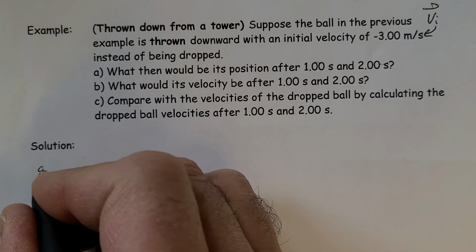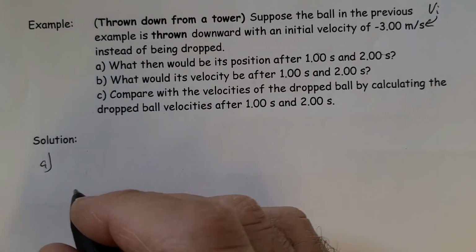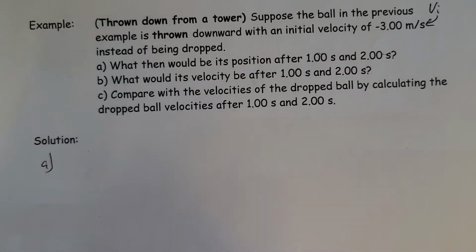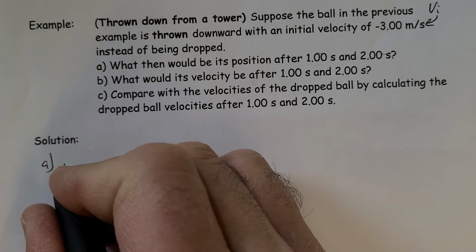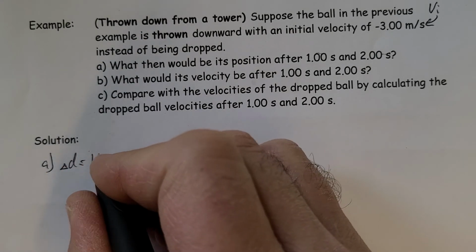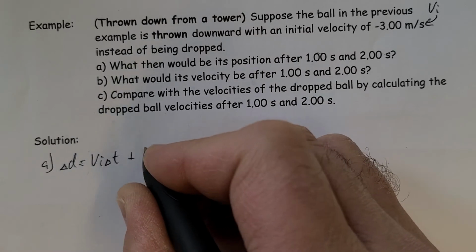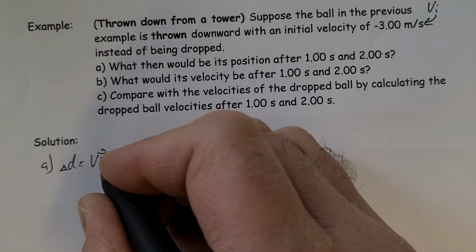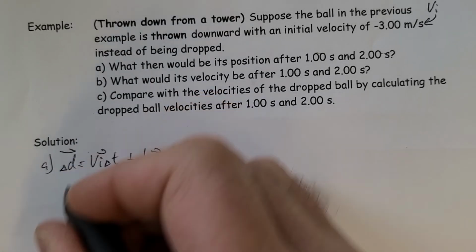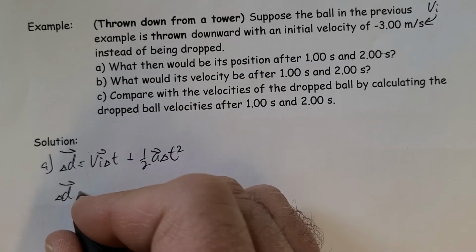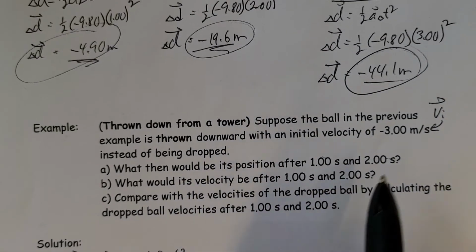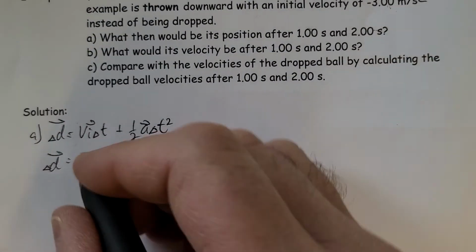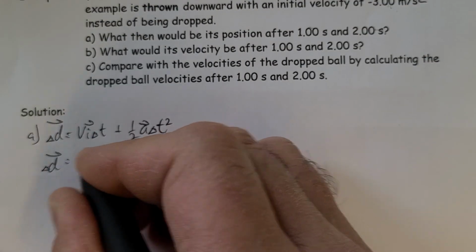So we have a little bit of room here. Try to write small. I'll do the same thing here, and we can use the same formula, but that first part is not going to disappear, because I have a VI value other than 0. So delta D is equal to, after 1 second, now originally I'm being chucked down at negative 3.